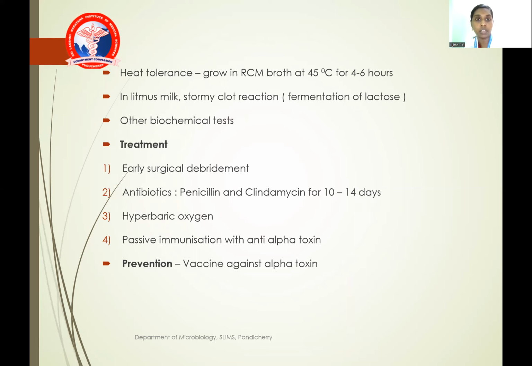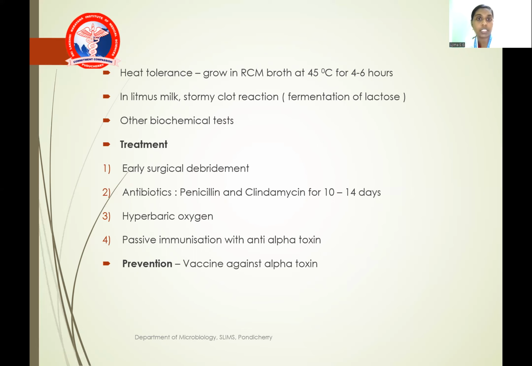On fermentation, there will be production of acid and gas, so this will give a stormy clot-like appearance. Stormy clot reaction is seen in the litmus milk. And other biochemical tests are performed to identify the organism. All these are done to identify the species and to confirm the diagnosis, but we shouldn't wait for the laboratory report.